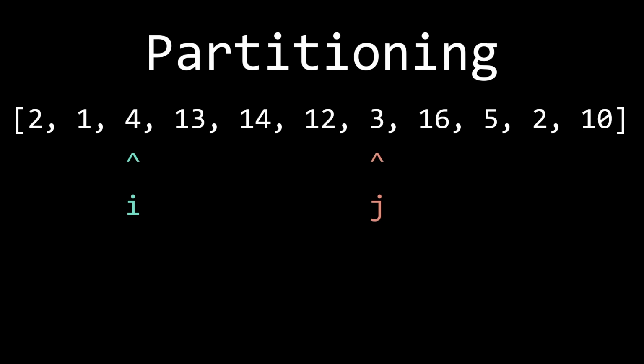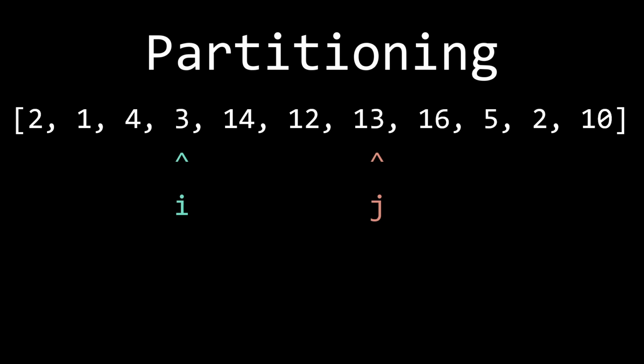We can simply fix that by incrementing I by 1, like so. And then we're just going to swap the values at index I and index j, like that. So now you can see that the 3 is at I and the 13 is at j.